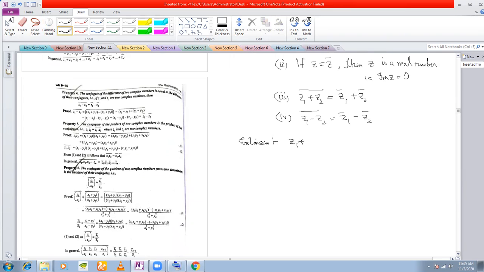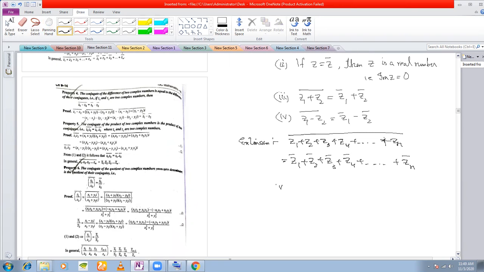is that z1 plus z2 plus so on for any number of complex numbers, the conjugate of this sum will be the sum of the conjugates. You can extend this property.